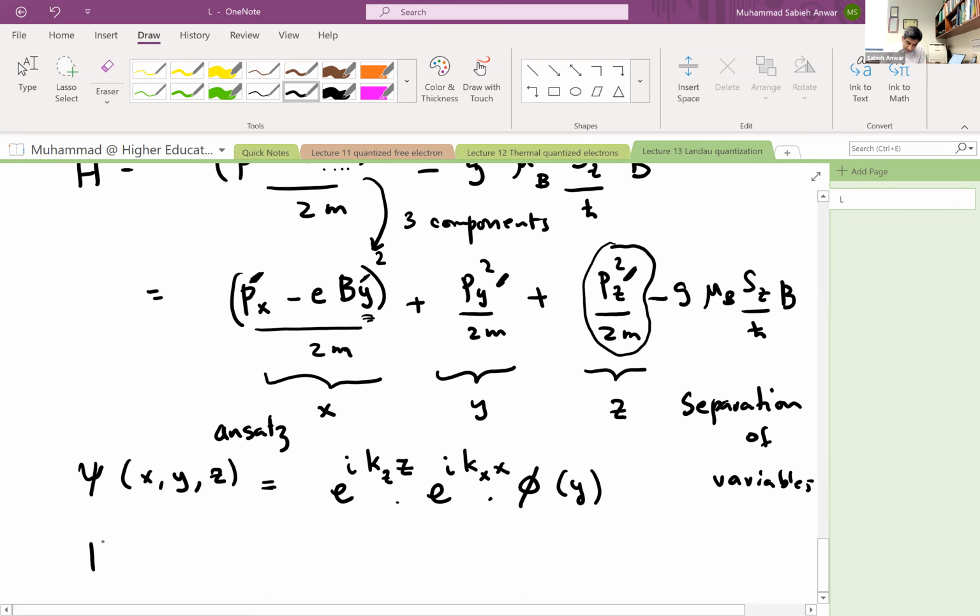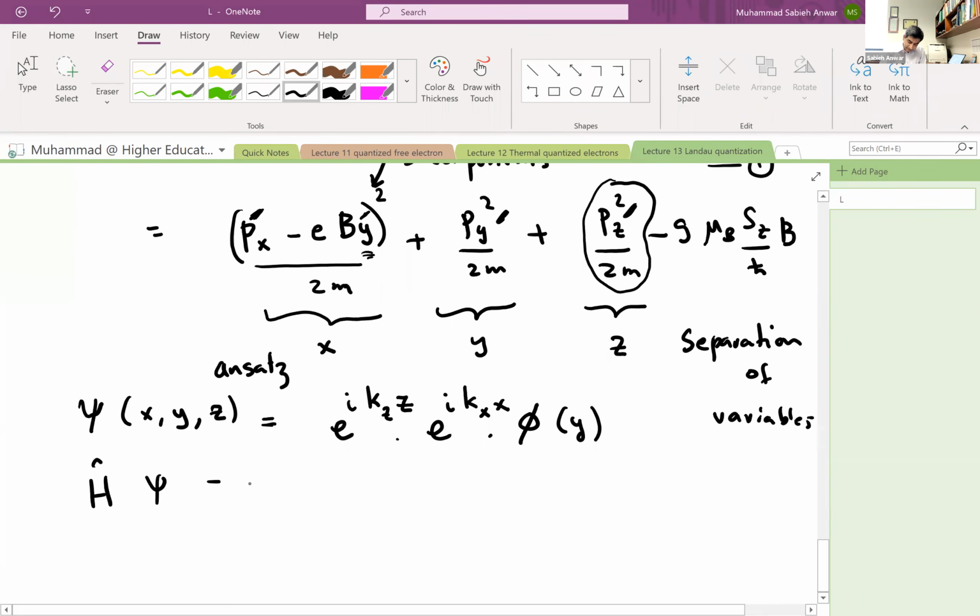Now what I need to do is take the Hamiltonian that I have over here and act it upon the wave function and find out what the energies are going to be. Let's call this the third term, and let's call this the fourth term.